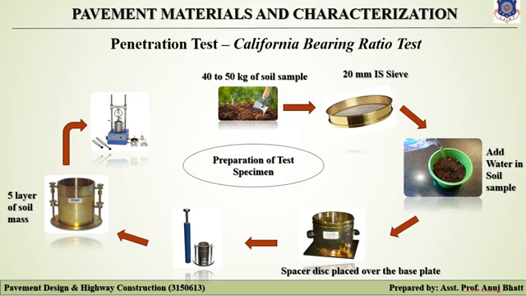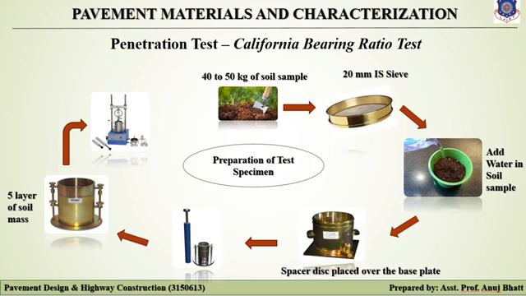About 100 grams of soil sample is collected from each mold for the moisture content determination from trimmed off portion. The mold with compacted soil inside is weighed so that it is possible to calculate the dry density achieved.